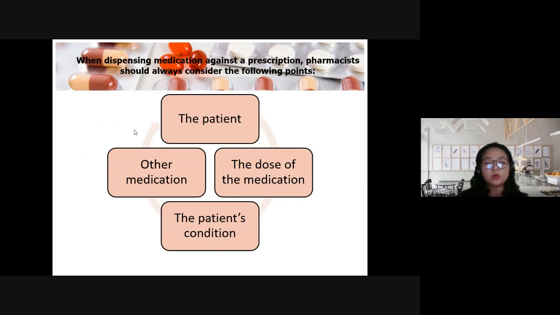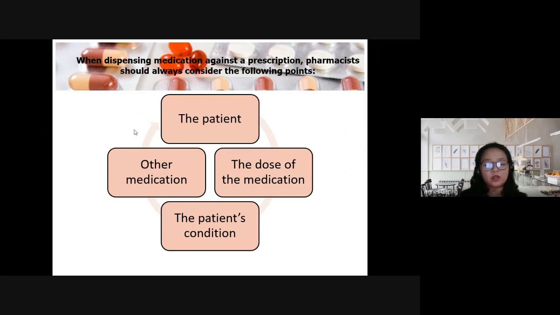Because as we all know, 'di ba, as we grow old, syempre just like yung mga sasakyan, kahit gaano ka kaalaga, but 'pag nasa old age na rin yung patient, whether you like it or not, possible na nagde-deteriorate na rin ang ating health even though alagang-alaga.